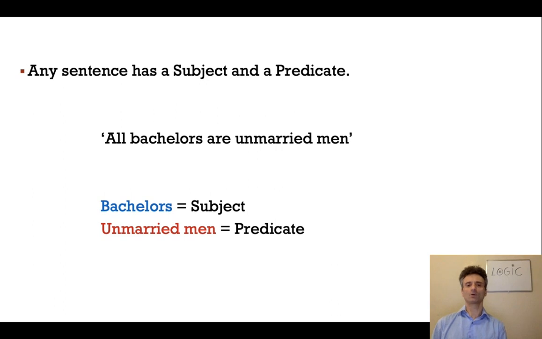Also, we have the words unmarried men, and these two words represent the predicate term of the sentence. And of course, we have the word are, which is the verb, and we are going to talk in a minute about the function of the verb. So, sentences have a subject and a predicate. All sentences have at least a subject and a predicate.